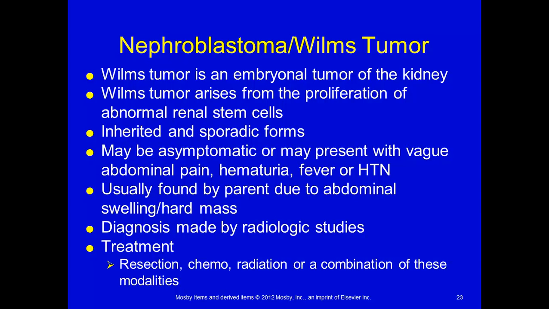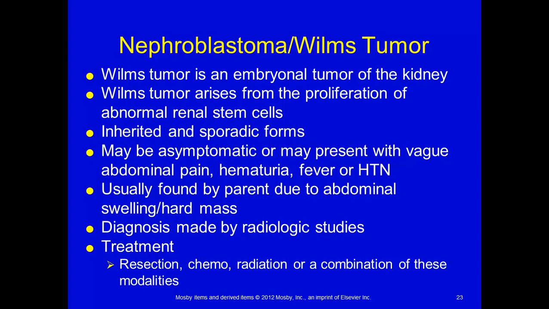So again, it arises from the proliferation of abnormal renal stem cells in this specific case. Now again, you might see this recur in a family tree, which is the inherited form, or it can be completely bad luck, a sporadic form, where this one baby in this family develops nephroblastoma.